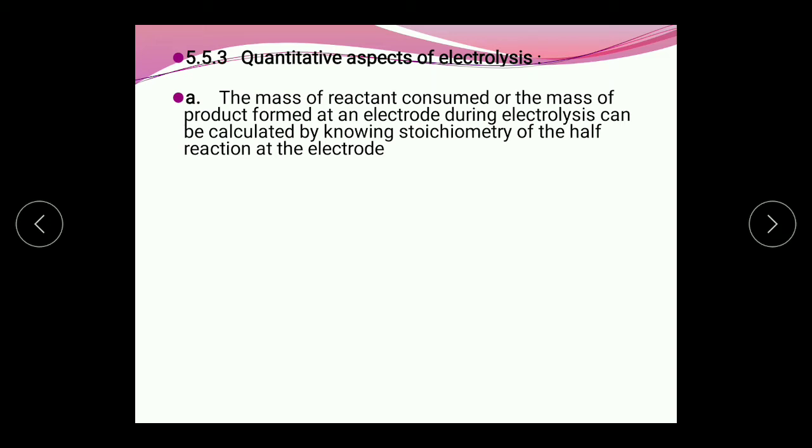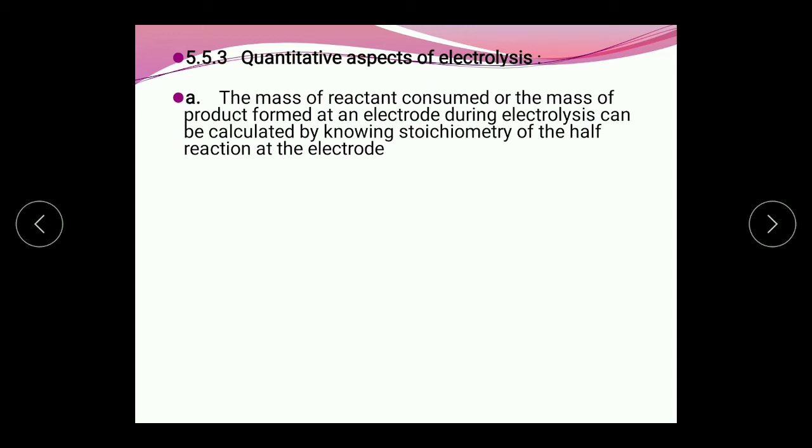At the anode, oxidation takes place, and 2 chloride ions are consumed to produce 1 chlorine gas, Cl2, and 2 electrons. That 2 is required, and that is the stoichiometry we mean. So the coefficients used in any chemical reaction tell us about the stoichiometry of that reaction.